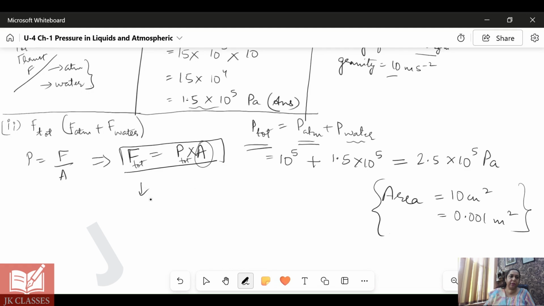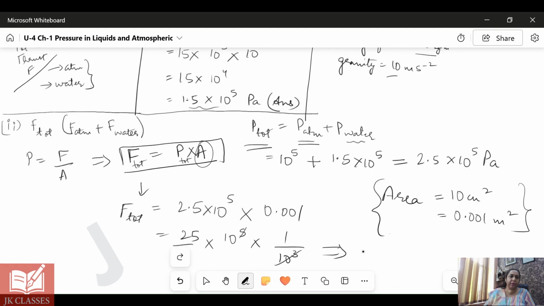So let's put in the values. Total thrust as asked in the question will be equal to 2.5 into 10 raised to the power 5 multiplied by 0.001 equals to 25 by 10 into 10 raised to power 5 into 1 by 10 raised to the power 3. This will give us 250 Newton, which is our answer.